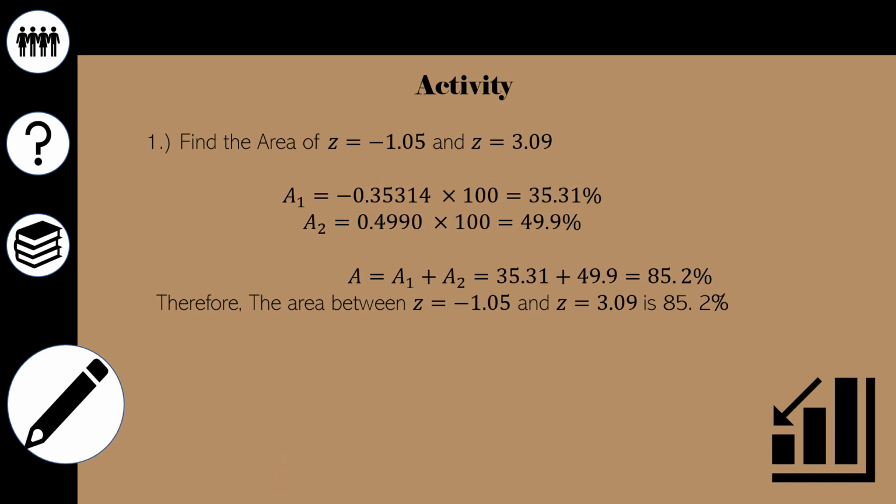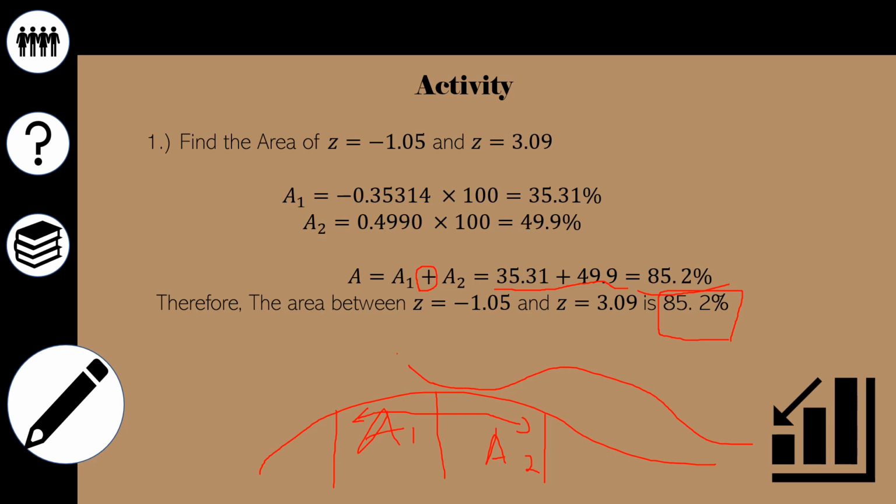And since it's combining two areas, here is our a sub 1, which is negative 1.05, I'm sorry, and 3.09. We get the answer of an addition because we're getting an area from here to here. And if we add 35.31 to 49.9, we get 85.2. Therefore, the answer is 85.2.